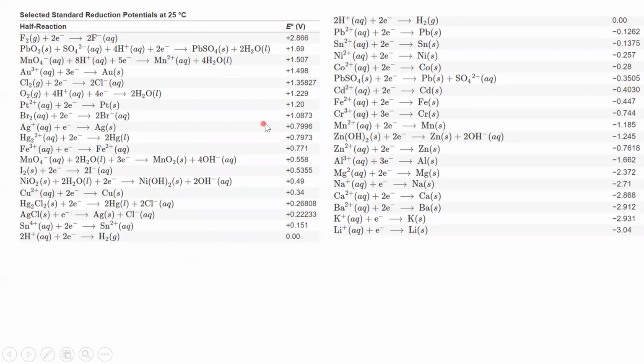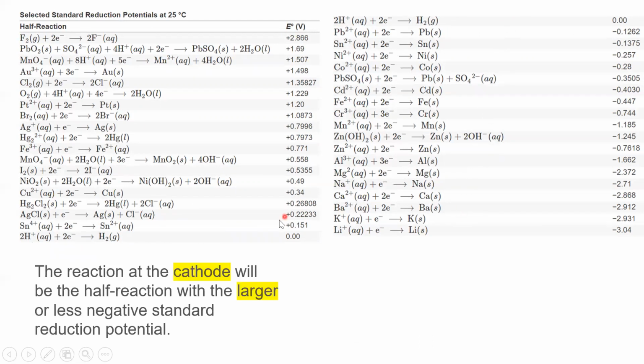Okay, you're going to be given a table. So here's hydrogen, okay, relative to any of these half reactions here, or here's hydrogen relative to any of these reactions here. The reaction that takes place at the cathode is the reduction half reaction.